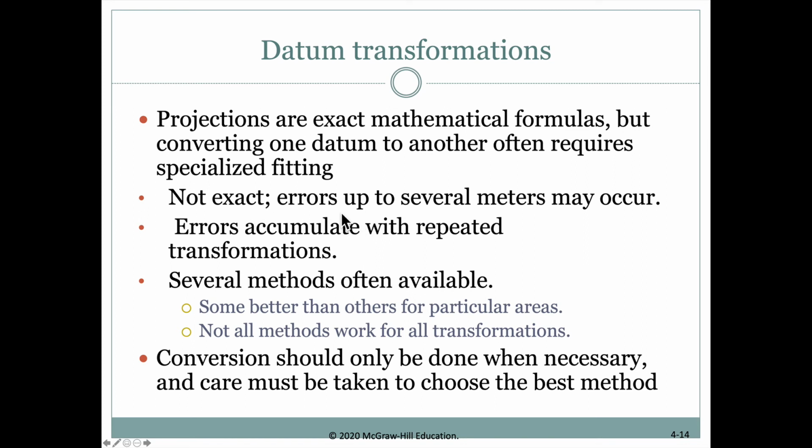And this is, once again, the decision you would want to base on what the metadata is telling you about the data you have, and some information about why you're projecting into the system you want to. But if you don't do this exactly, if you pick a different datum, it's not going to be exact. You could have errors up to several meters.